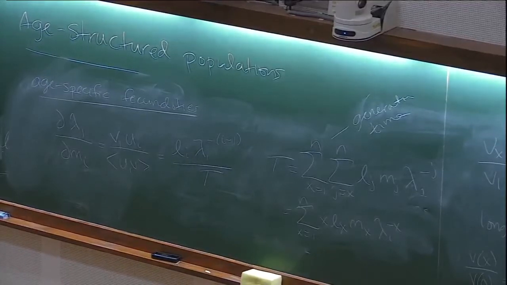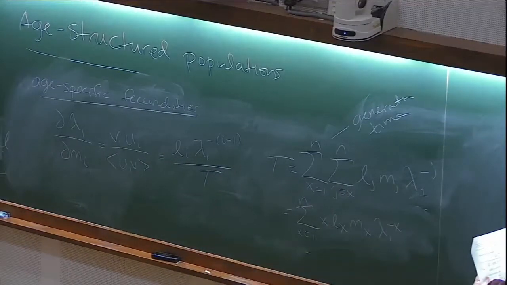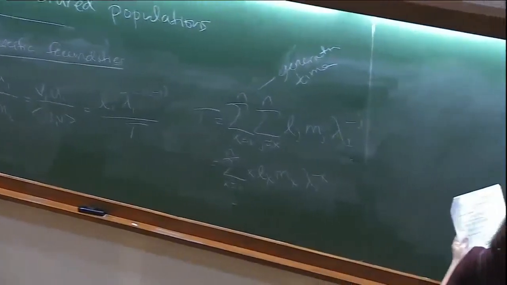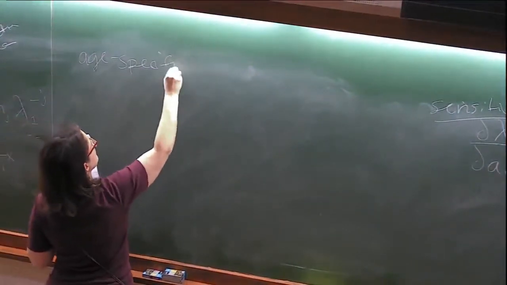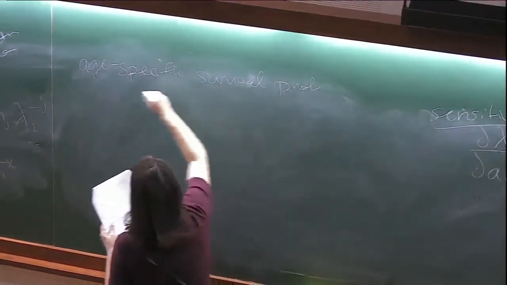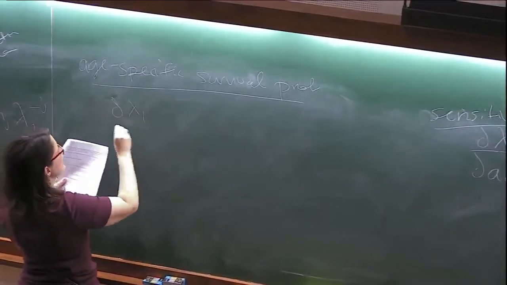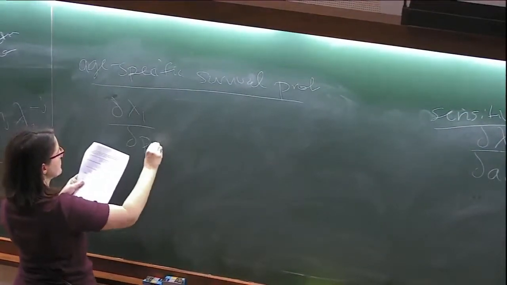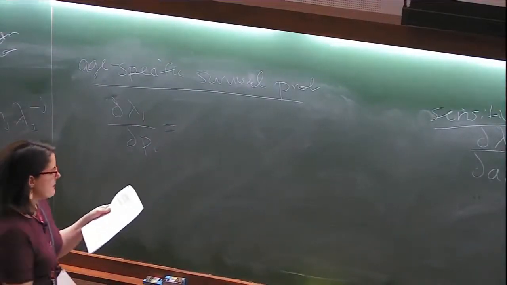The other thing that you can do is consider, well, actually, I'll come back to that. I'm going to go ahead and write the equivalent one for the survival probabilities. So for the age-specific survival probabilities, again, we ask, how does the leading eigenvalue change with respect to a small change in a survival probability?